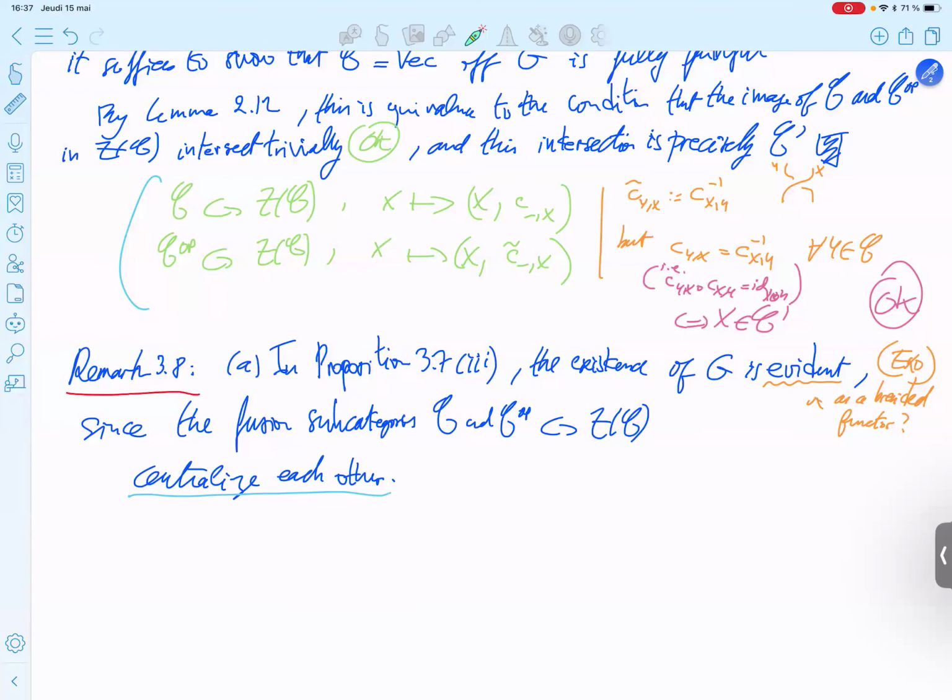So the braiding of one element of this form with one element of this form. I wrote directly the definition of the reverse braiding, composed with the double braiding for that.